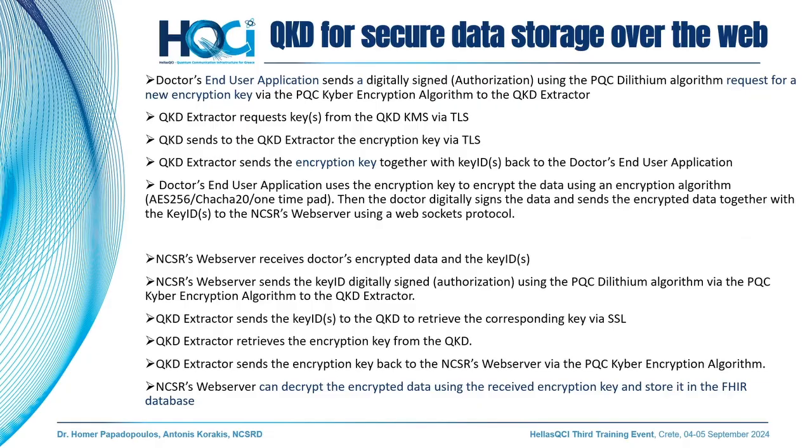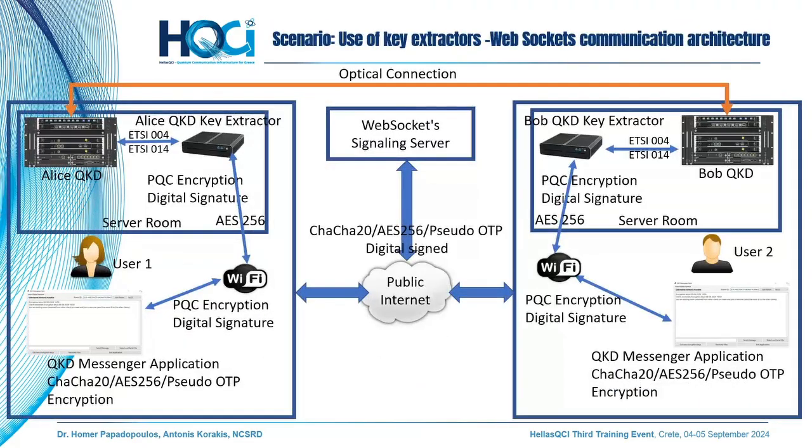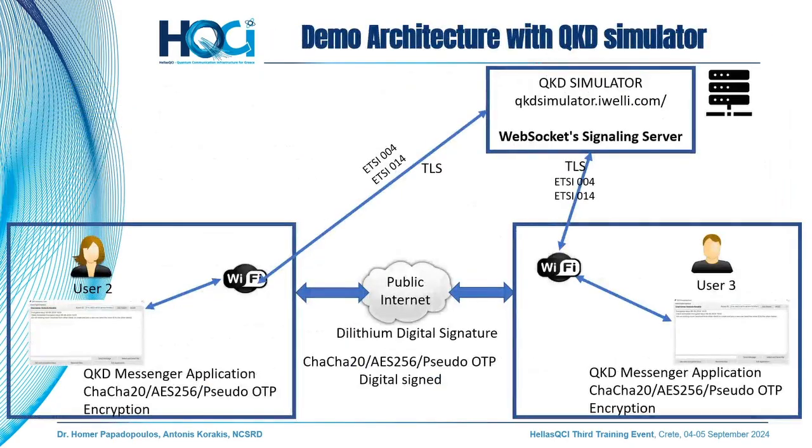This is the protocol, how the system works, for someone that wants to create something similar. It's open. We have also created this in order for users to be able to communicate, by video, chatting, or whatever, in real time, using keys from the QKD and also utilizing PQC in parallel. This is the method.